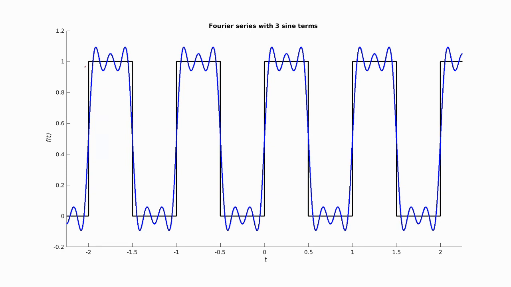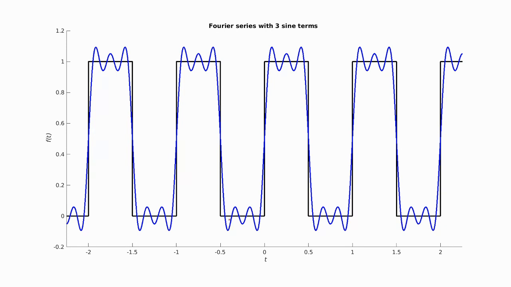So here in this figure, the black line corresponds to my actual square wave, and here I have taken time period of 1. So the wave goes from minus 0.5 to 0.5 and then repeats itself with a time period of 1.